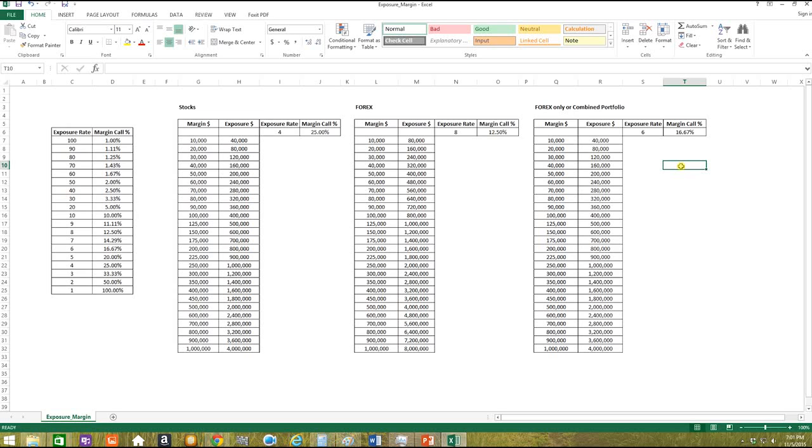So although we're increasing exposure, we're actually taking less risk because we're locking in or almost guaranteeing that we can't lose money on a winning position. So our exposure number can go up at a rate that's getting bigger relative to our margin, but actually our risk is going lower. Also, if we diversify, the more we increase our margin, the more money we make, and the more exposure we take.